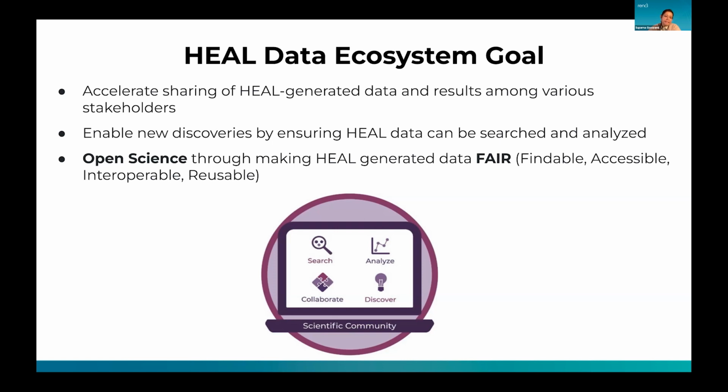So in essence, what the HEAL data ecosystem, and in particular the HEAL data stewards, which is us at RENCI and RTI International, are doing is trying to facilitate open science by making the HEAL-generated data FAIR, meaning findable, accessible, interoperable, and reusable. Next slide, please.